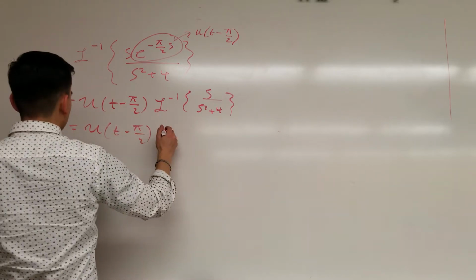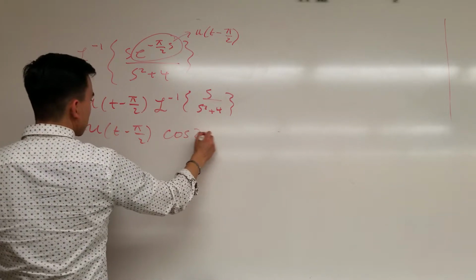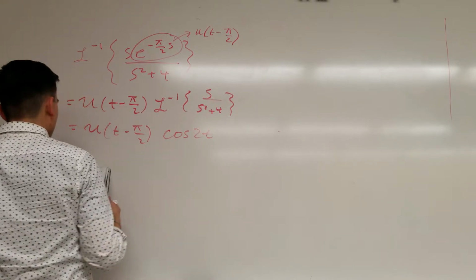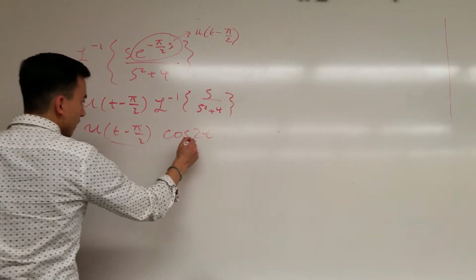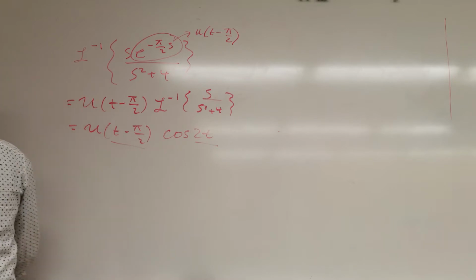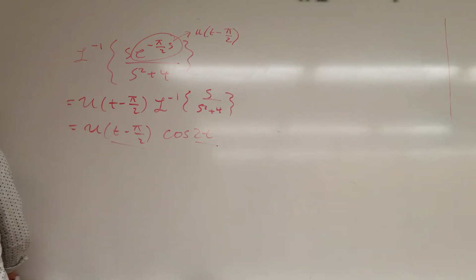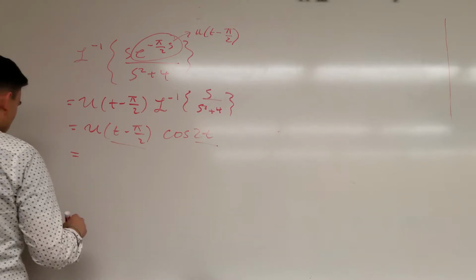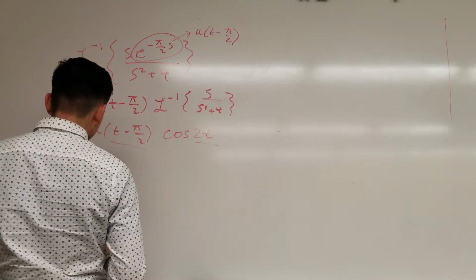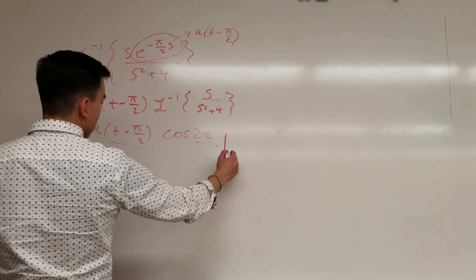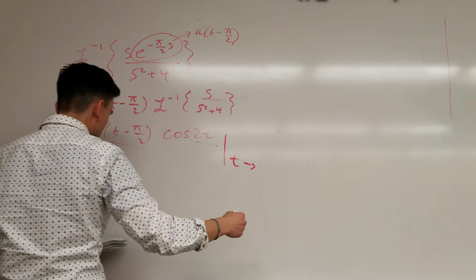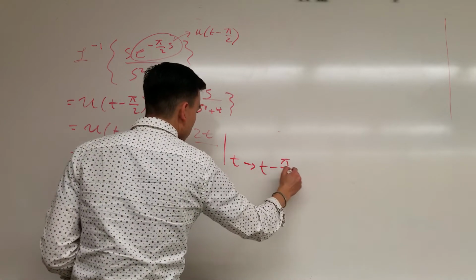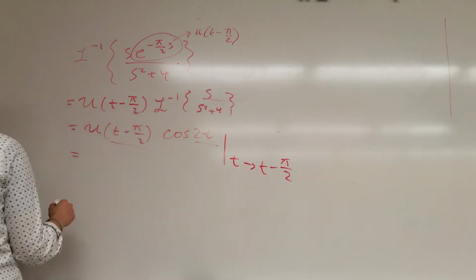That's going to be cosine 2t, right? However, our arguments don't match. So we need to make them match. This t will go to t minus pi half, and that's how they'll match.